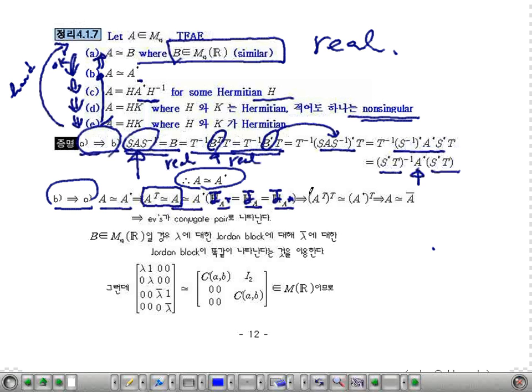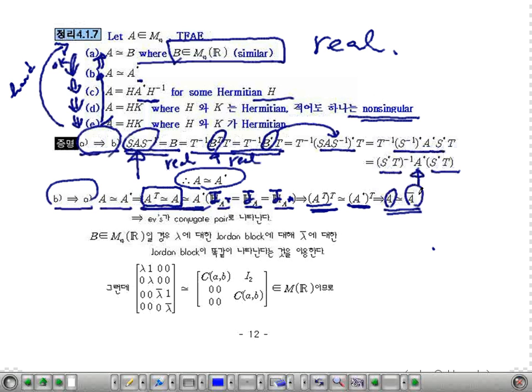Since we have that, we can take the transpose of this similarity relation. So we have the transpose of A transpose is similar to the transpose of A star, which implies the transpose of A is the same as A, and the transpose of A star is the conjugate of A.